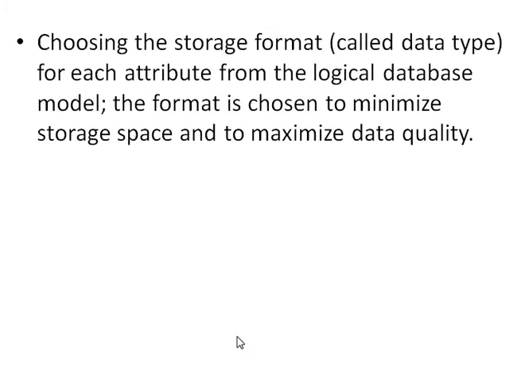So first point is choosing the storage format called data type. So what needs to be done is he has to first choose the data type for each attribute. From the logical database model, the format is chosen to minimize storage space and to maximize data quality.